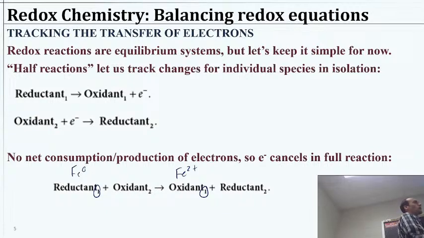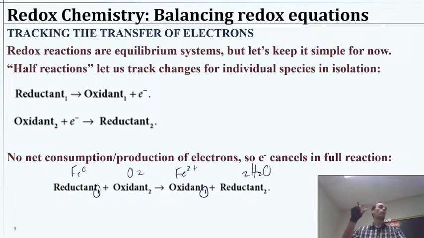So the half reactions are going to extract the similar pieces, okay? Whereas the oxidant here, maybe we go from oxygen to a couple of waters, something like that. And we can see the oxidation state from molecular oxygen is 0, and in water it is what? -2, yeah. So we can see that oxygen was reduced to water, and the iron was oxidized to Fe2+.